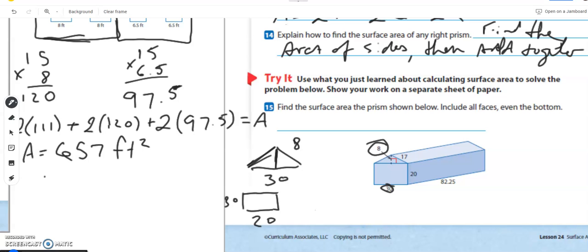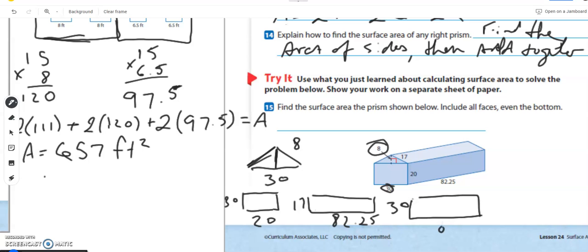And you got the roof, 17 by 82.25. You got the bottom, and one of those, 30 by 82.25.